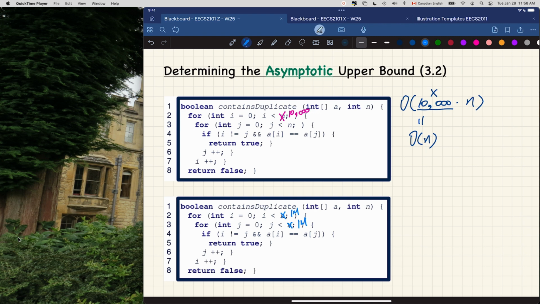Even that is just going to be big O of 1 million times 1 million, which is just a very large constant times n to the power of 0. It would still be big O of 1. That's how you should think of it: anything that does not depend on the input array size n, and is just a fixed constant, would be constant, no matter how large it is.